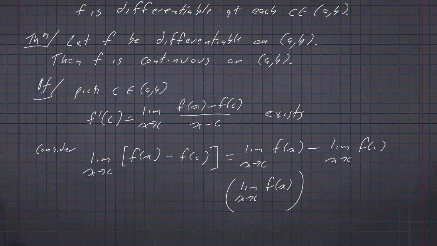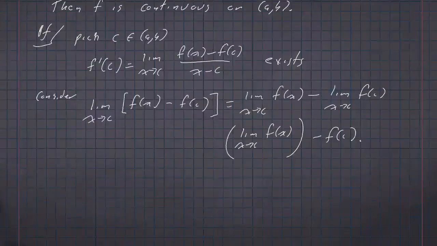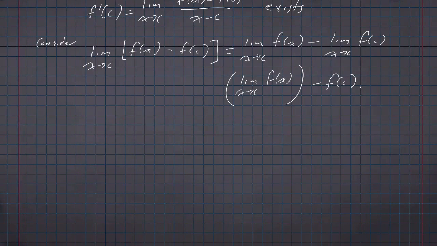But I do know that f of c is constant with respect to x, so this limit is just the value of the constant. All right, that doesn't seem like it does much of anything.